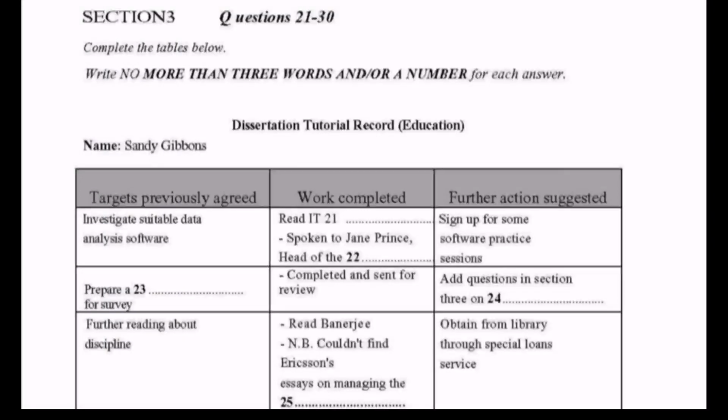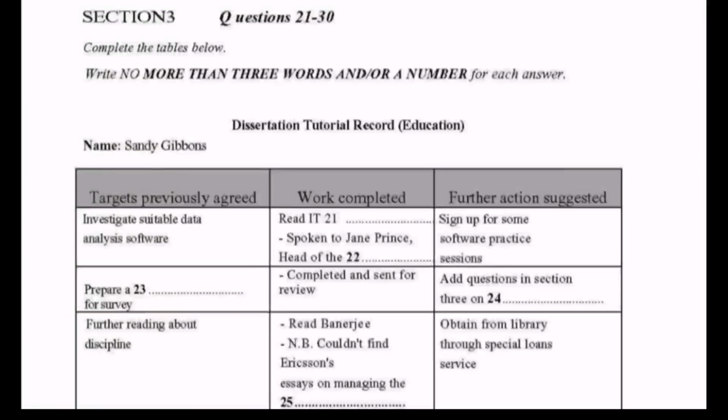And in the table, there is one column in which targets which were previously agreed are mentioned. And there are 3 targets. And we have to find one target for question number 23.